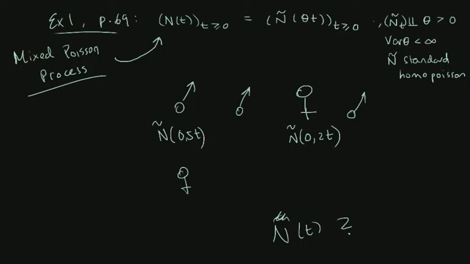And that is where the mixed Poisson process comes in. Because with the mixed Poisson process, what we consider is a transformation in time of a standard homogeneous Poisson process, where we say that the theta that defines the intensity, which is like the 0.5 or the 0.2, so the thing that decides the average number of claims per time unit, is random.